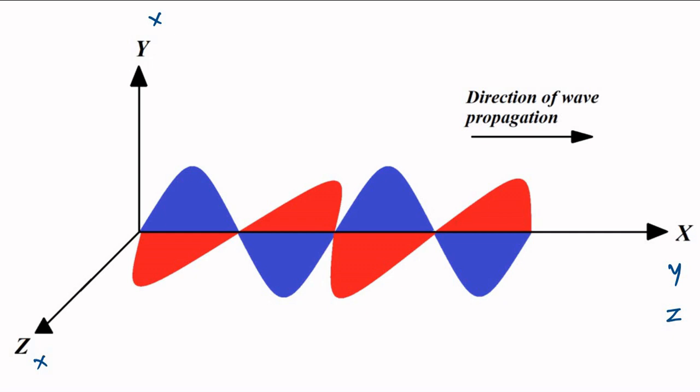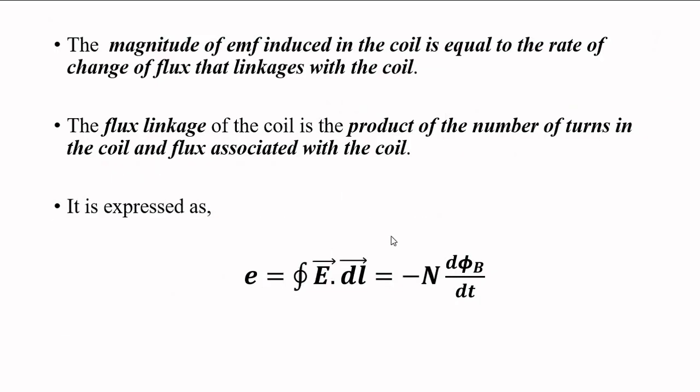So this is the electromagnetic waves generation. The basic underlying principle is Faraday's law of electromagnetic induction, particularly the expression which relates the EMF generated, expressed as the line integral of the electric field, equal to minus d phi B by dt, the rate of change of magnetic flux with respect to time.